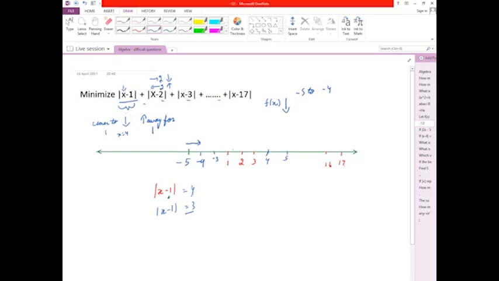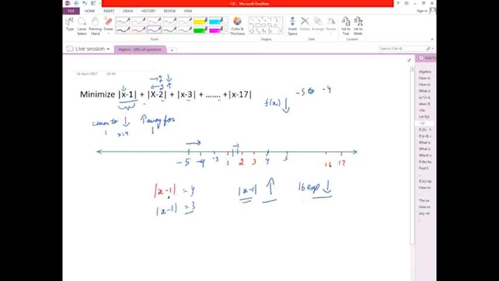I cross 1 and now I am moving between 1 to 2. What will happen? Mod x minus 1 will start increasing. All the other 16 expressions are still decreasing because now I am going away from 1. So this expression's value, which would have turned 0 when I was at 1, is now going up. But still, one expression is increasing, 16 are decreasing. I do not need to worry.